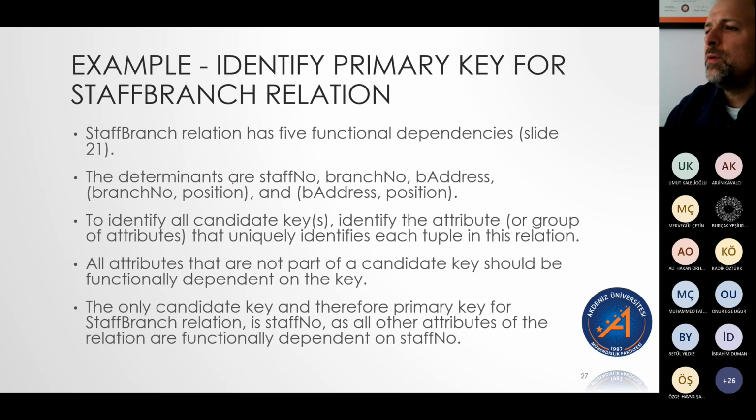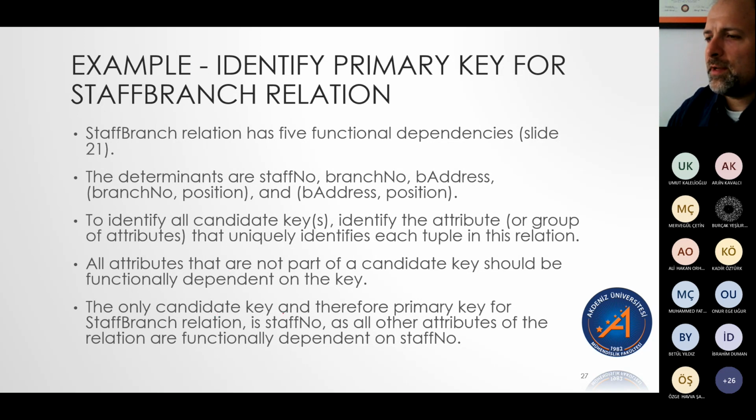But let's identify which attribute or group of attributes uniquely identifies every possible row in that relation. Any attributes that are not part of the candidate key should be functionally dependent on the key itself.